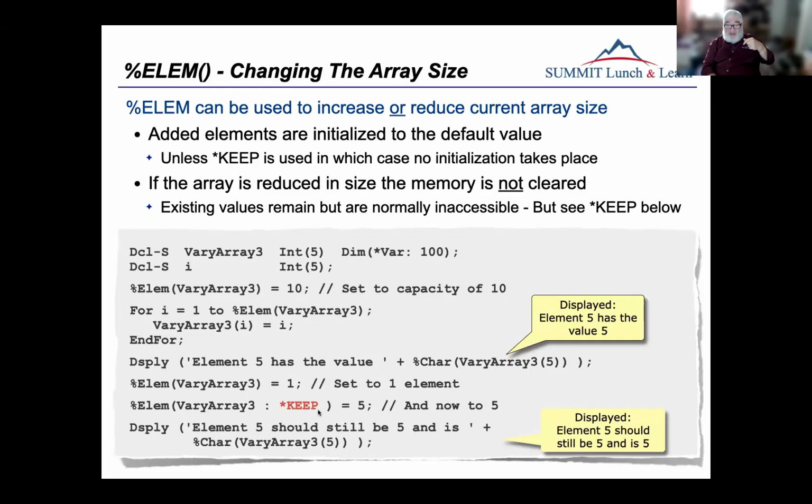And if I say keep, the data will still be there, because reducing the size of an array does not cause RPG to initialize the data. RPG's attitude is, I can't access it anyway, so I'm not going to waste time initializing it. If I get asked to increase the array again later, I can initialize it there, because that's what it needs to do when it's using dynamic memory.